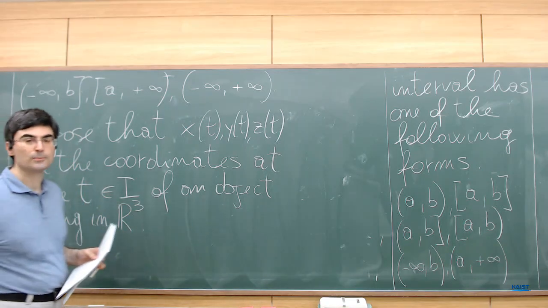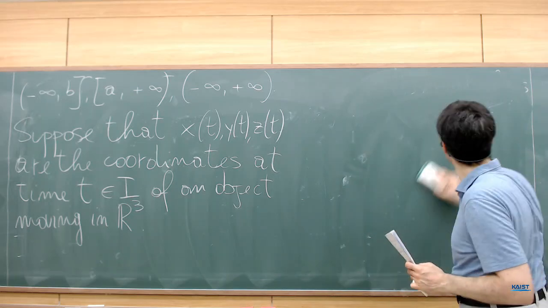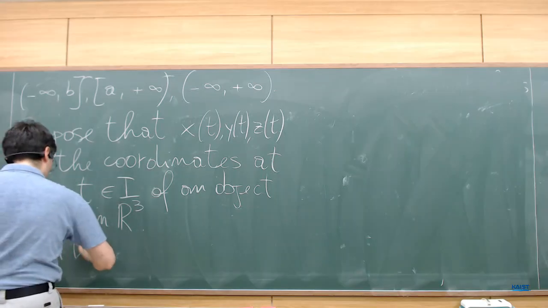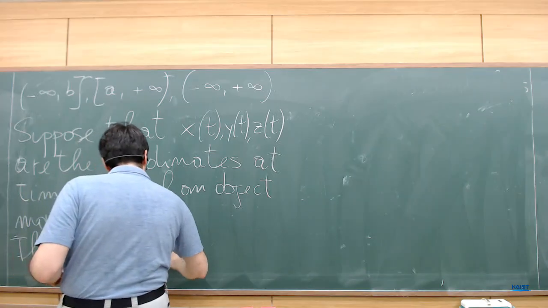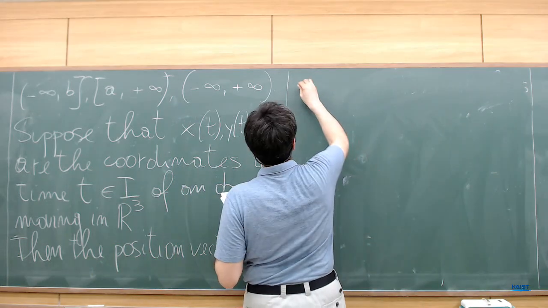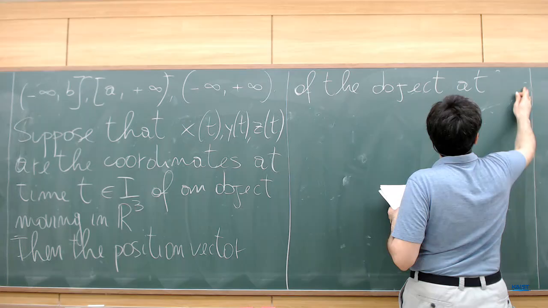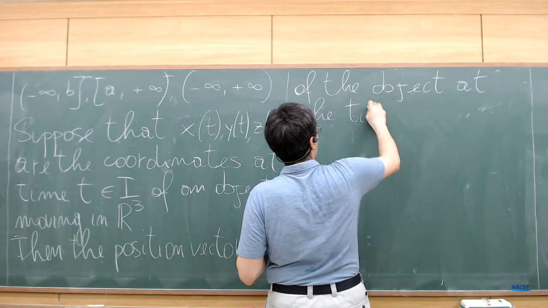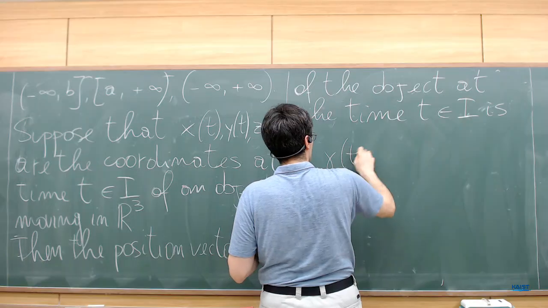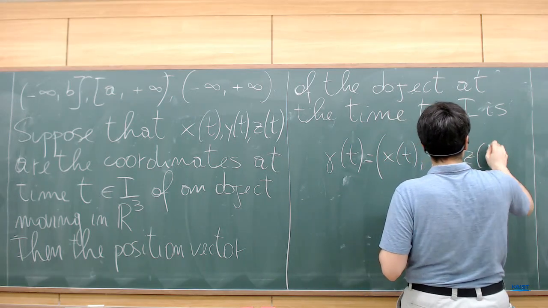Then what can we say about the position of this point? We can say that the position vector of the object at the time t in I is gamma of t, whose components are x of t, y of t, z of t.